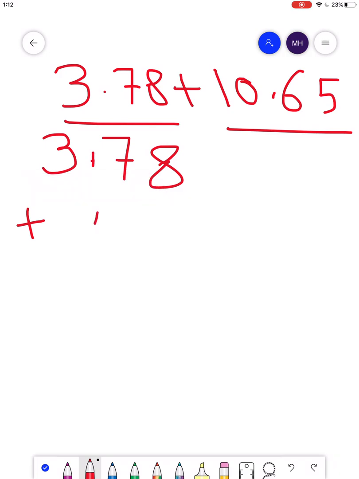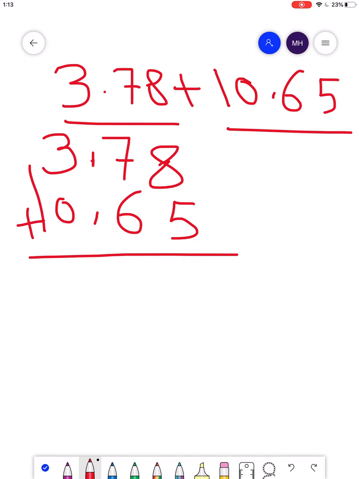I write them below each other. Here 10, you see the ones under the ones, and here the tenths under the tenths, and the hundredths under the hundredths. Now the first step, I put the decimal point, align it with the decimal points in the addends. I write the decimal point in the sum.